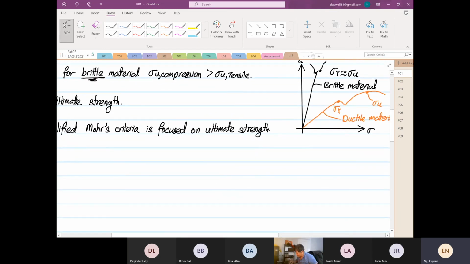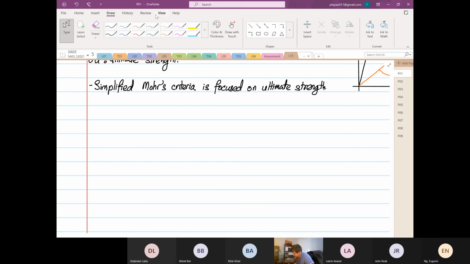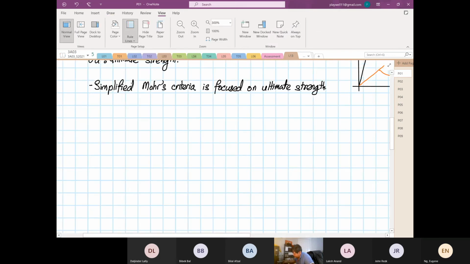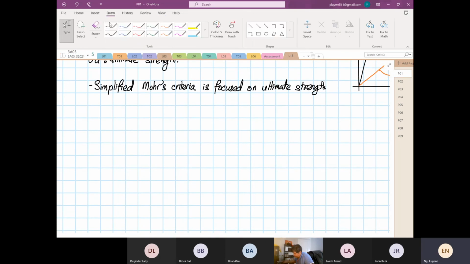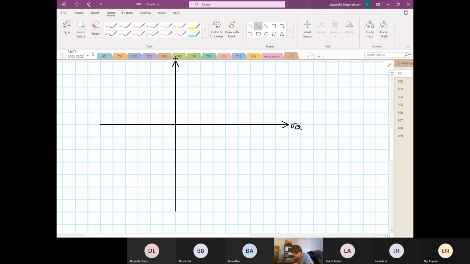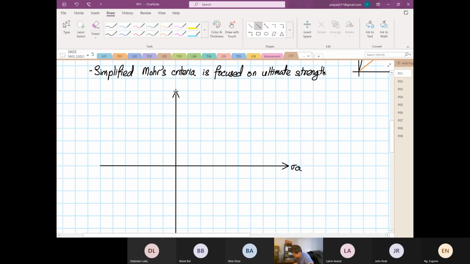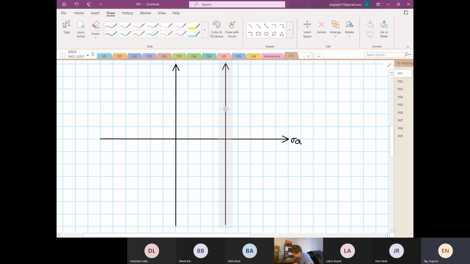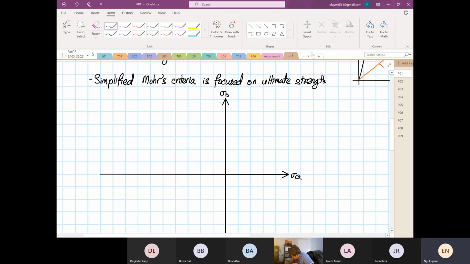So if we were to look at his mapping, on the x-axis is stress A, and then on our y-axis, this is our stress B. Okay.